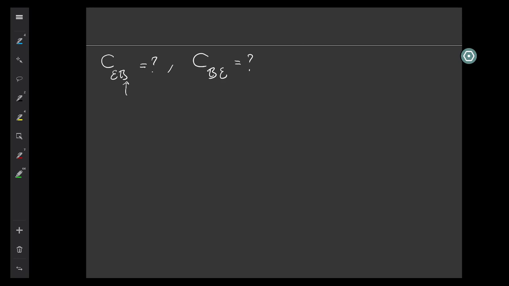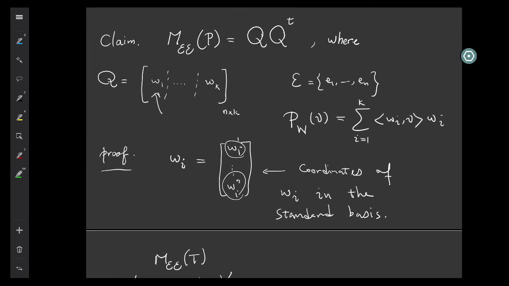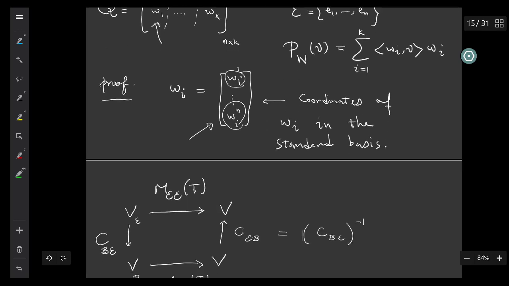Okay, and so we want to write elements of B, which are W1, etc., in terms of E. Okay, but when the vectors are given in Rn, where no basis is specified, these coordinates themselves are given in the standard basis, and that's the assumption here.